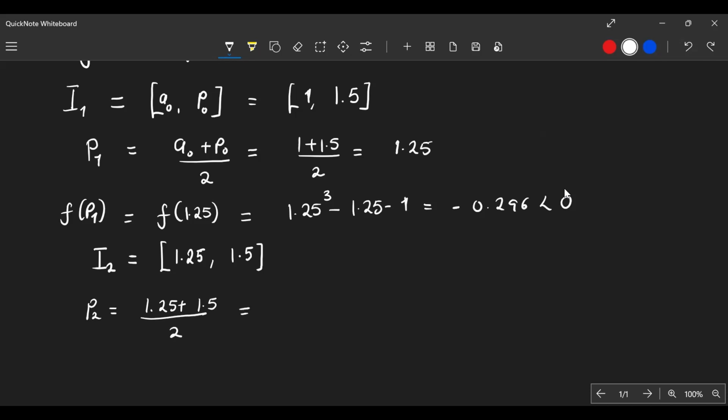So let's also find the half of that. So this is 2.75 divided by 2. So I have 1.375. And I'm going to substitute this 1.375. So this will be f of P2, or f of 1.375.